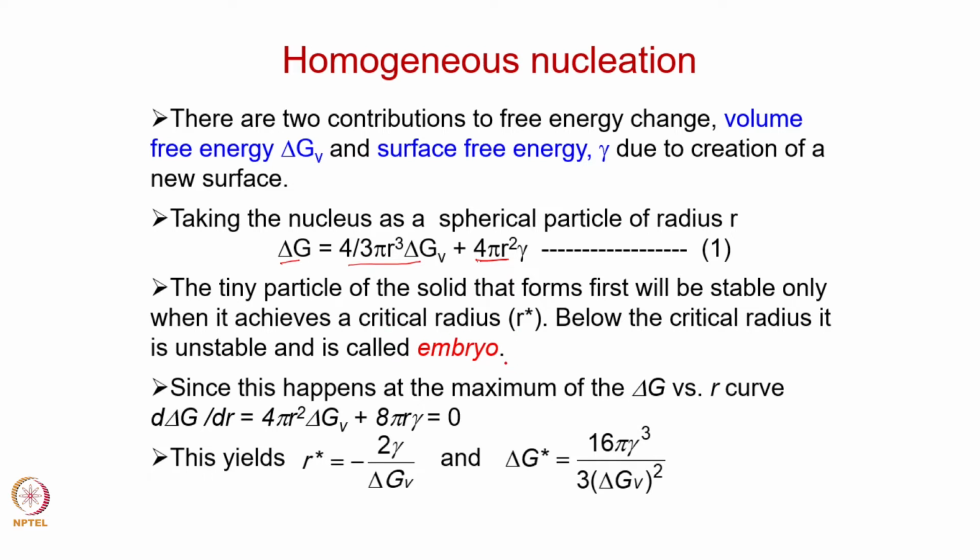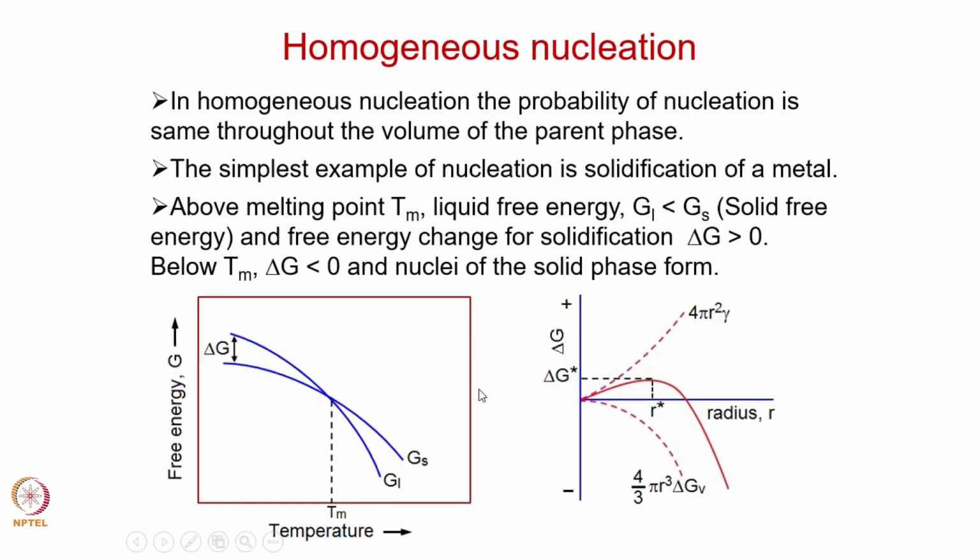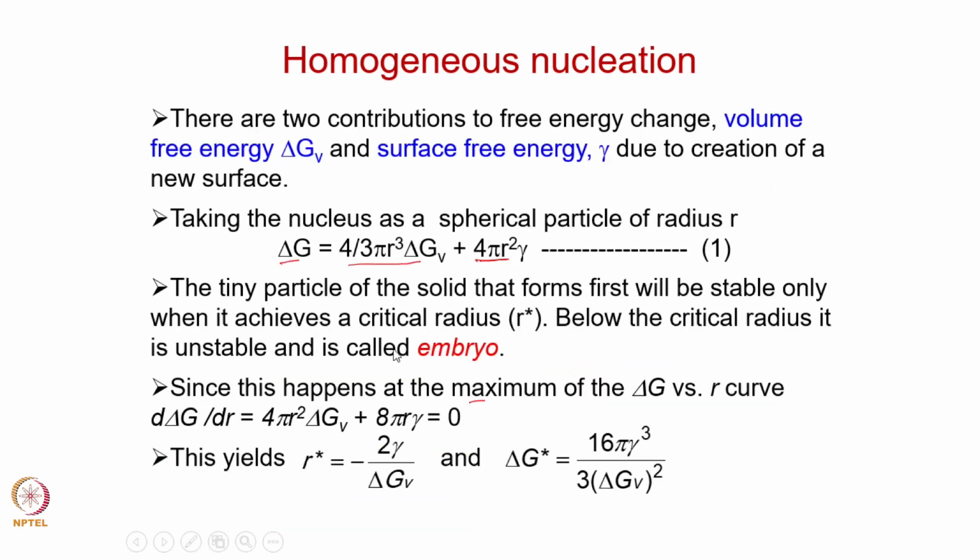And since the critical size occurs at the maximum, as you could see, if you take the derivative of this delta G with respect to the size, then at this point it will be 0, right? So that's what is shown over here. d delta G by dr is equal to 0, and this is the derivative, 4 pi r square delta GV plus 8 pi r gamma.